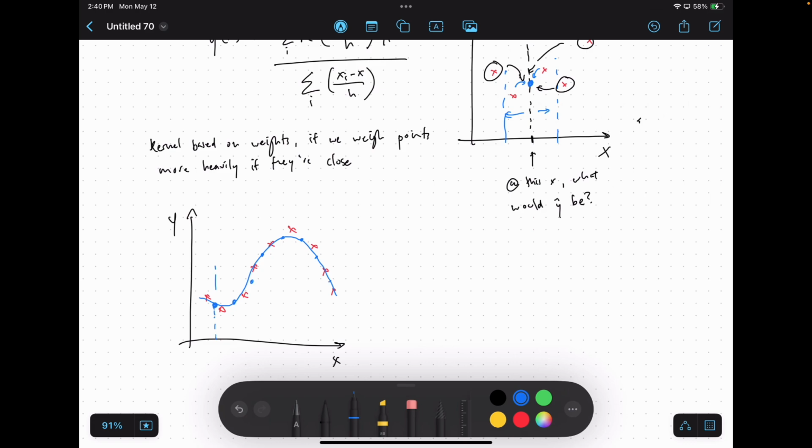And then if my bandwidth is really big, what might my blue fit line look like? It's much more straight. What if the bandwidth includes everything? Just a straight line, which would be equal to what? The average. Yeah, the average, right? And so this is small bandwidth, and this would be large bandwidth.